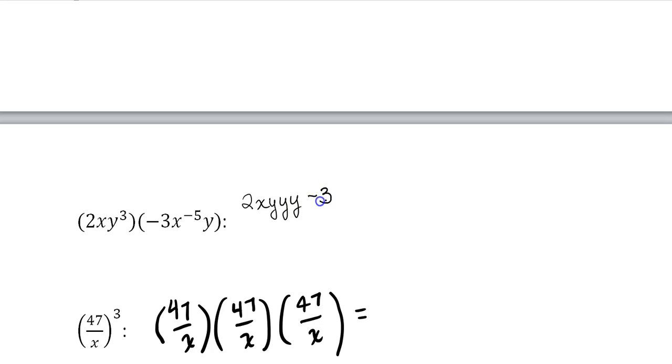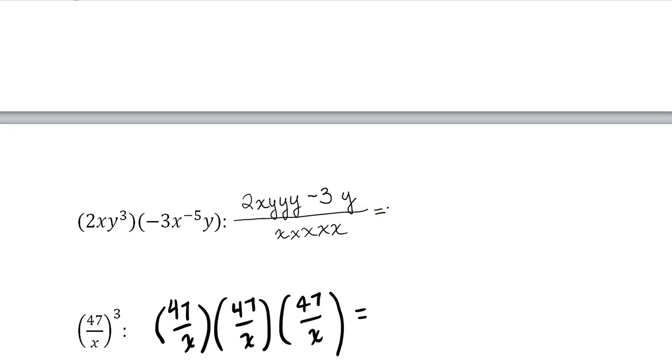My minus 3, and then here, my x's are in the wrong part of the fraction, right? So here I'm going to have 1, 2, 3, 4, 5. X is in the denominator, and then my y.